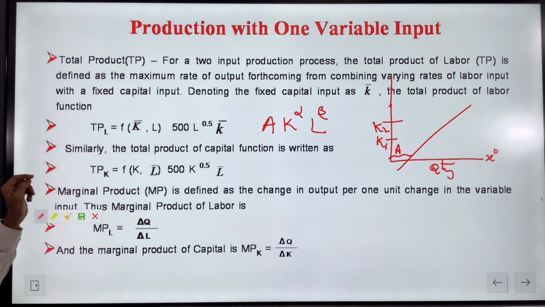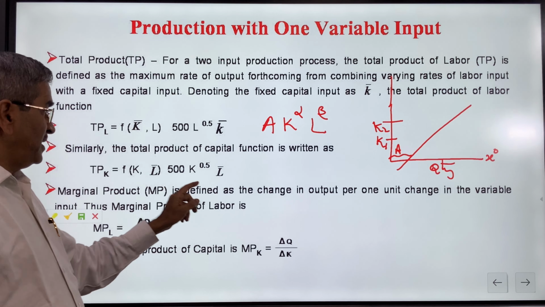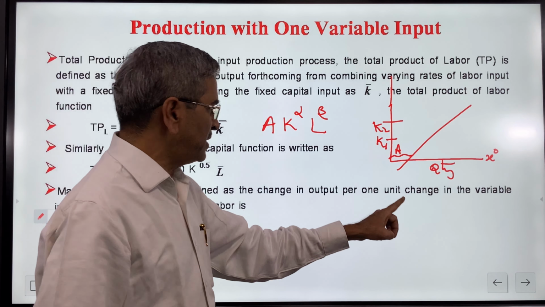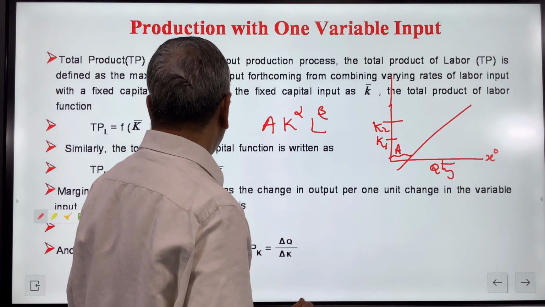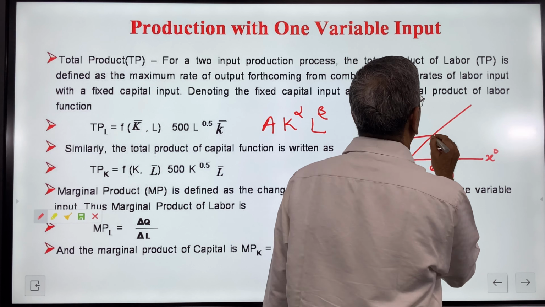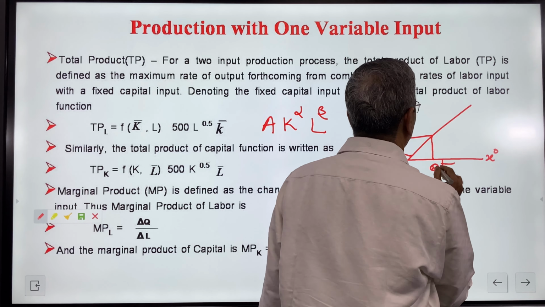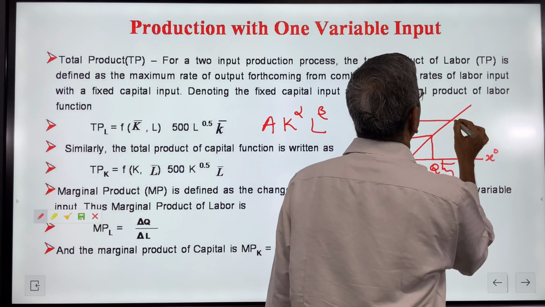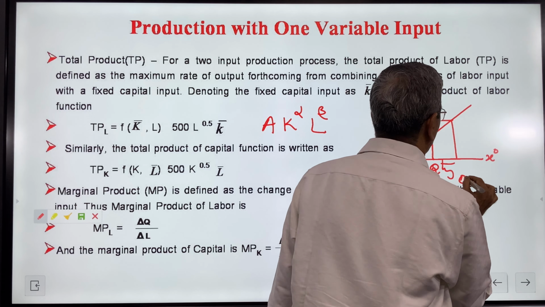When you talk about marginal productivity, it is defined as the change in the output for a unit of change in the variable input. This is what I have explained earlier also in respect of demand. Here we say K1 is producing Q1, K2 is producing Q2.